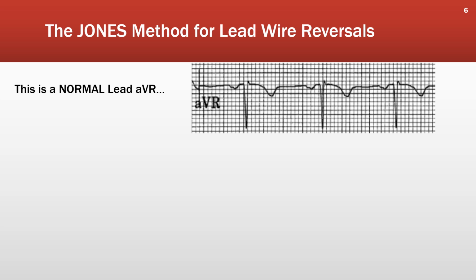In a normal lead AVR, you should have an inverted P wave and a primarily negative QRS complex. There might be a tiny bit of an R prime, as we see in this tracing, but there may not be. If there is an R wave before the S wave, that would be distinctly abnormal.